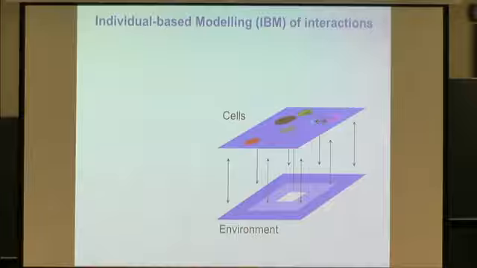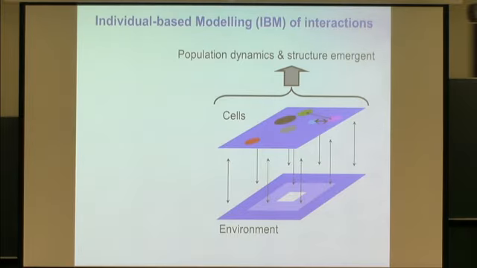So out of all these interactions, you get the population or community dynamics and population structure, biofilm structure, as emergent properties. So emergence is a very important concept that I hope I'll explain a little bit more in the next few slides. In an individual-based model, you can make the cells very simple or quite complex.